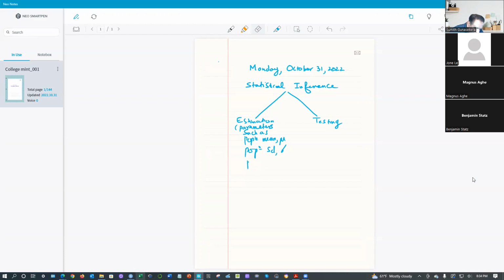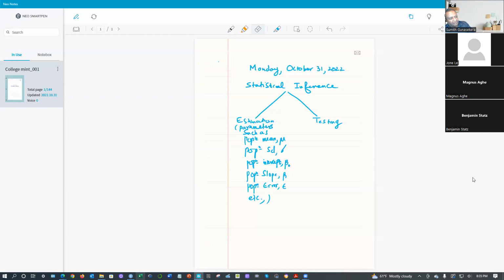We can say the population intercept, which is beta naught, the population slope, which is beta 1, the population error, which is epsilon, and so on. Those are to be estimated.